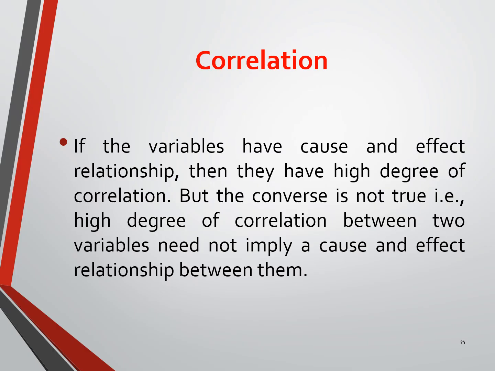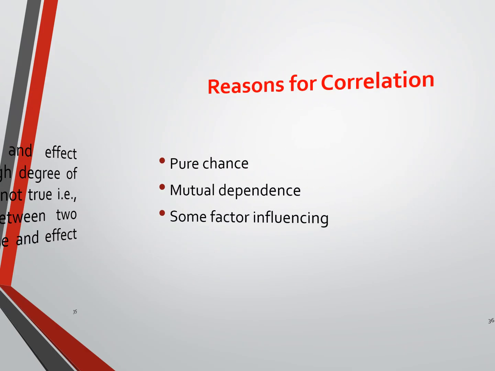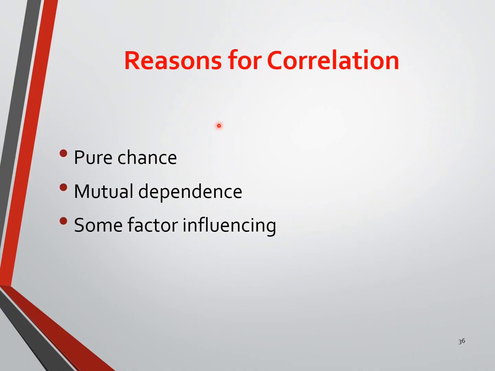Normally, it can be established if the correlation coefficient is more than 0.8. The correlation may be happening on account of pure chance. It may be mutually dependent, or some factors may be influencing it.